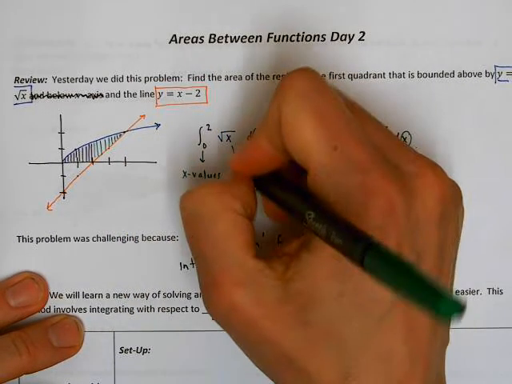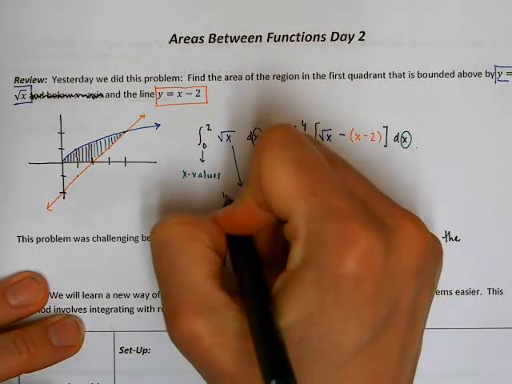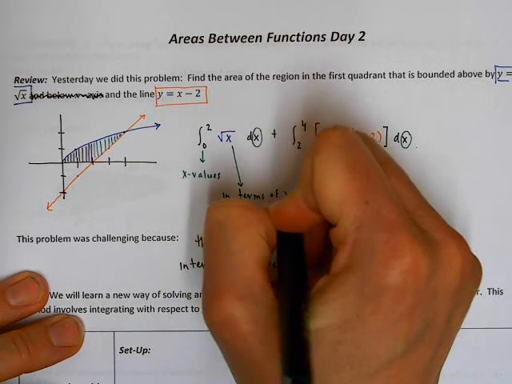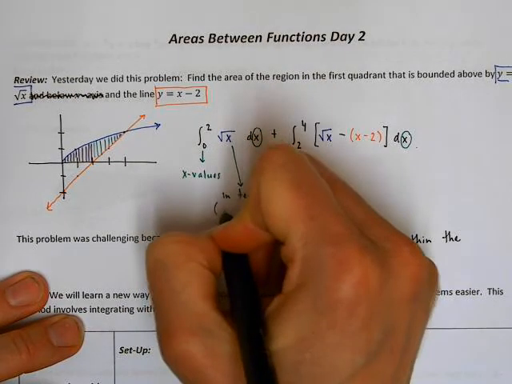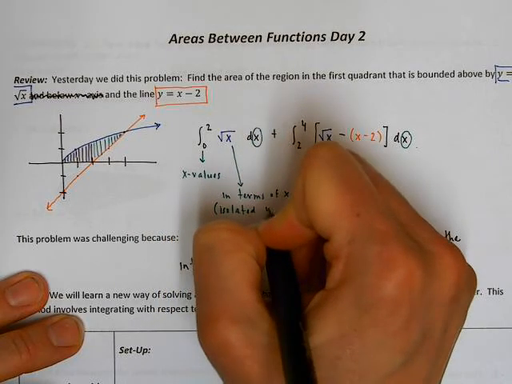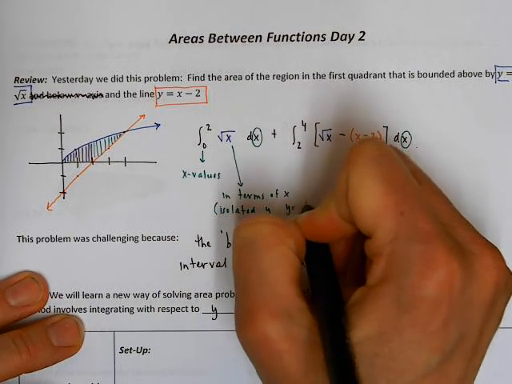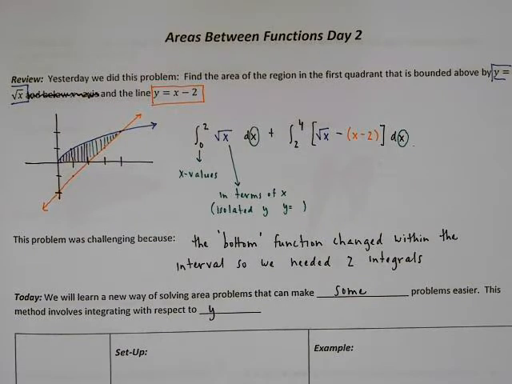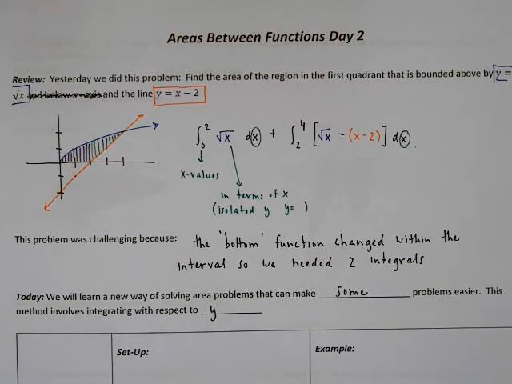And our integrand here has been in terms of x, which means we isolated y to start. We always had something that said y equals. So everything's been in terms of x. And now we're going to change that and we're going to be with respect to y. So all of our variables will be in terms of y.